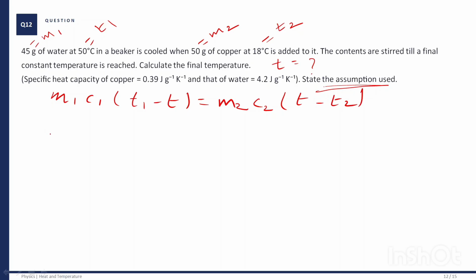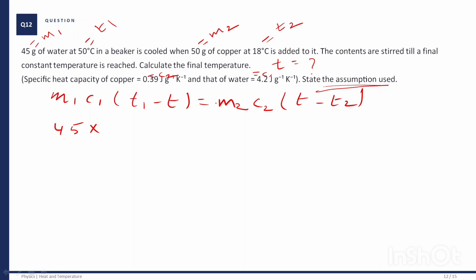So M1 mass 45, and this is C1, and this is C2.